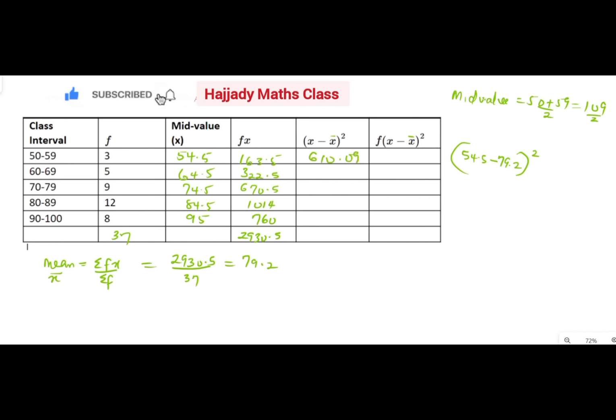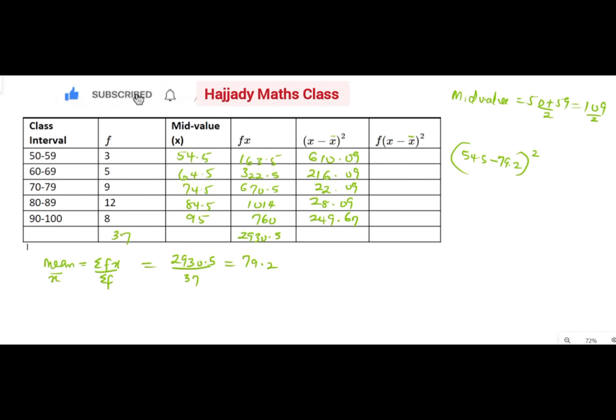So using your calculator, 54.5 minus 79.2 squared is going to give me 610.09. And for the second one, I'm going to have 216.09. I'm going to have 22.09. Here, I'm going to have 28.09. Here, I'm going to have 249.64. Okay, so lastly, we are going to do f.